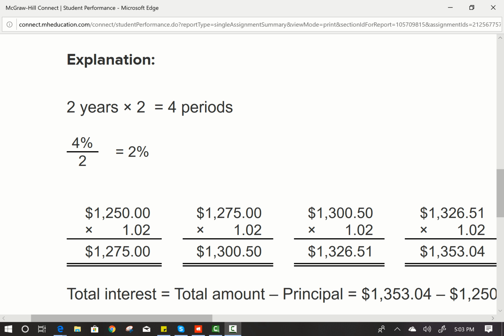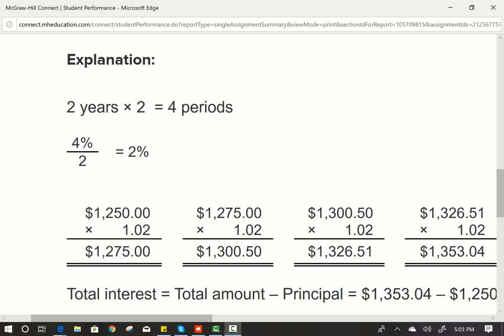So 4% divided by 2 gives us 2%. With 2%, I'm going to go for 4 periods. The 1250 is 100% of the value plus a 2% increase. Add 100% of the 1250 to the 2% increase is 102%. Move the decimal point 2 places to the left, which is 1.02.